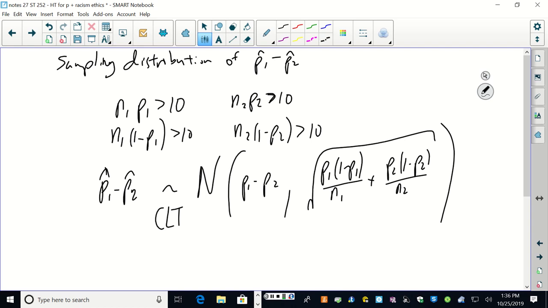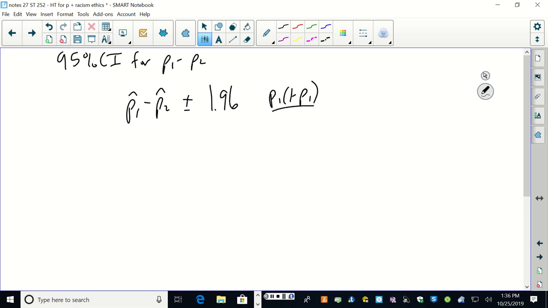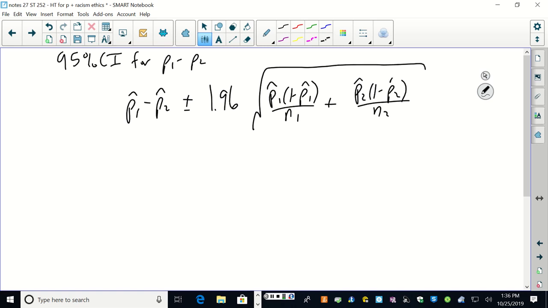So based on that sampling distribution, we create a 95% confidence interval for P1 minus P2, as long as the samples aren't too small: P1 hat minus P2 hat, plus or minus a normal value, say 1.96, times the standard error. The formula for the standard error is the square root of this thing, but we're not going to know that exactly, so we're going to plug in our little estimators here.